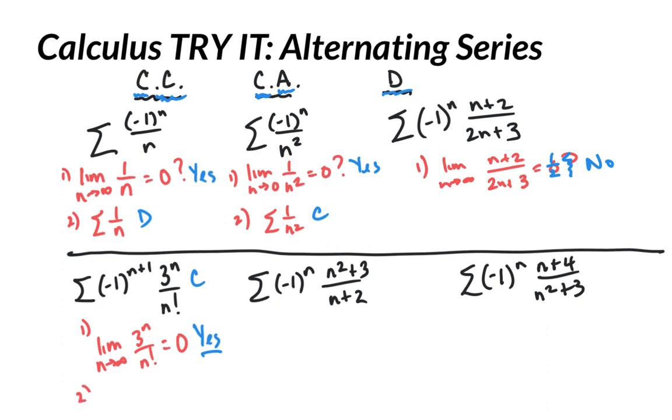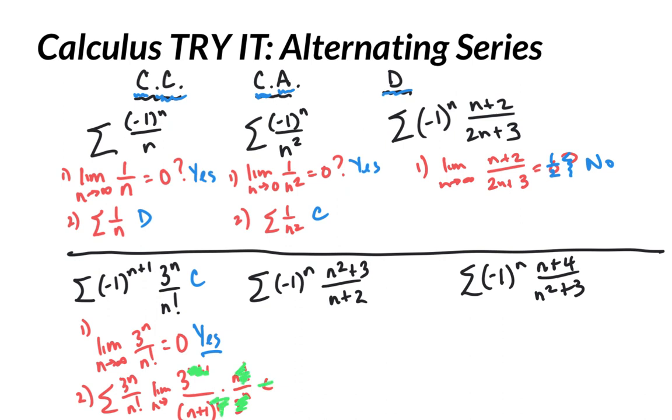Step 2, does this series converge? Well, if you use the ratio test, we'd have an extra 3 on the top and an n plus 1 on the bottom.